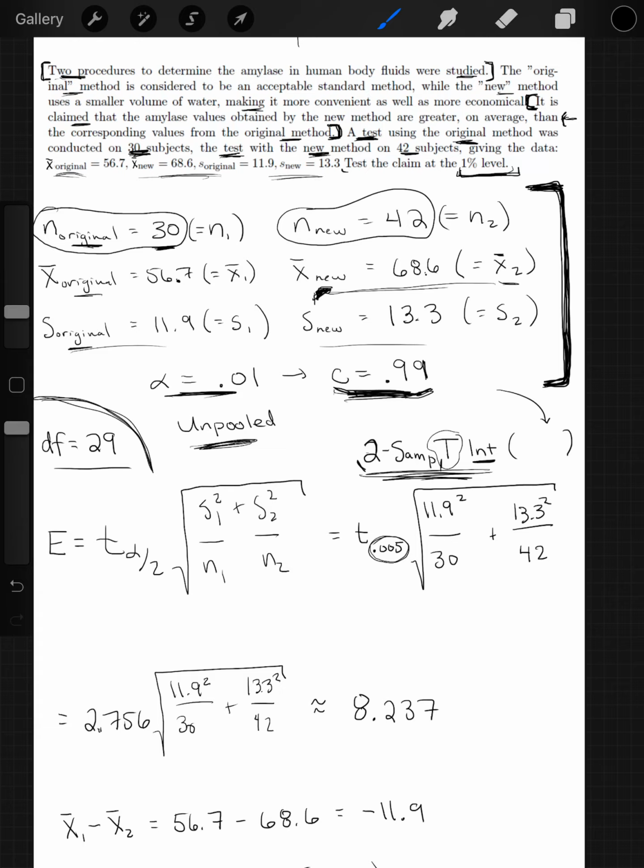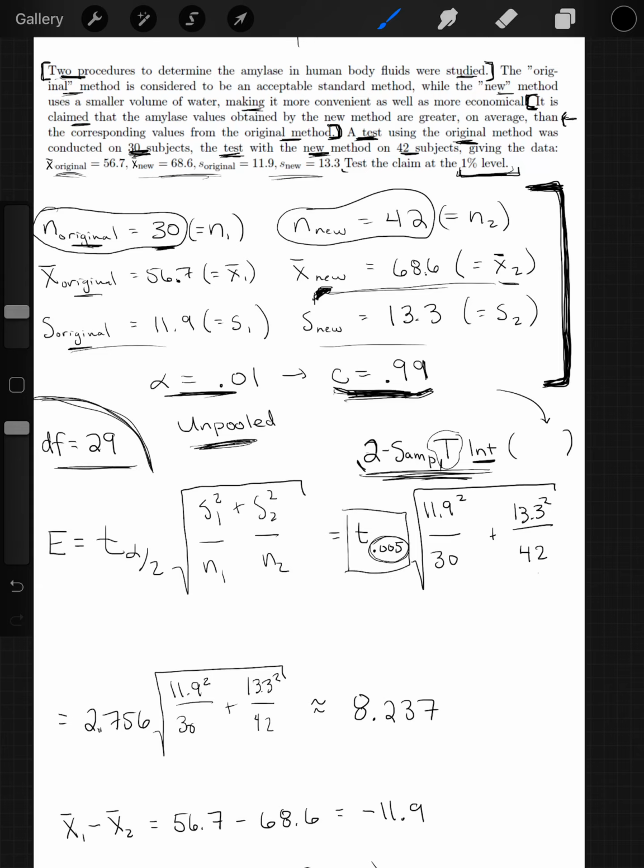And that's what all this work is, right? We plug in 11.9 for S1, 13.3 for S2, 30 for n1, and 42 for n2. And alpha is 0.01, so alpha divided by 2 is 0.005. And then once we got there, we needed to figure out what this t value was.